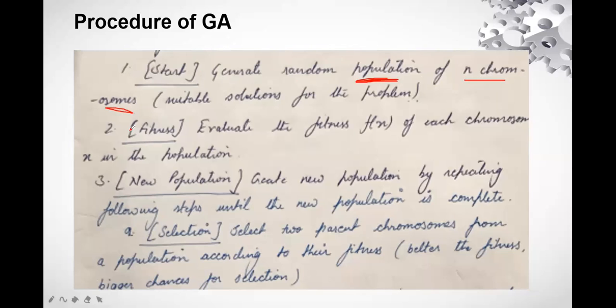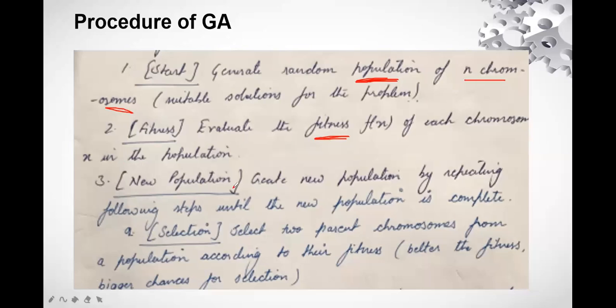Next, the second step is to find the fitness. We evaluate the fitness function, because with its help we find out which chromosomes are good and which are bad. So the fitness function of each chromosome x in the population is evaluated.